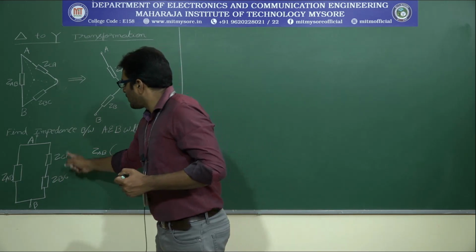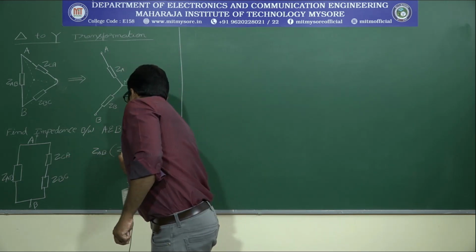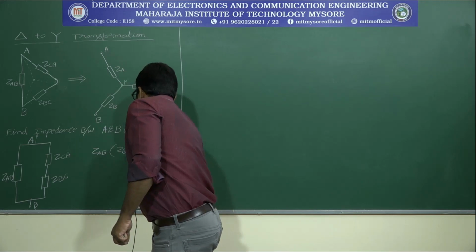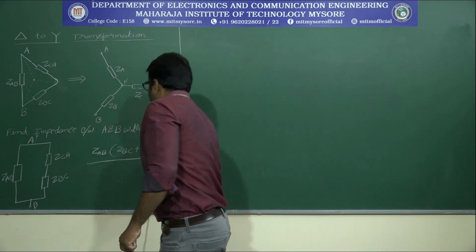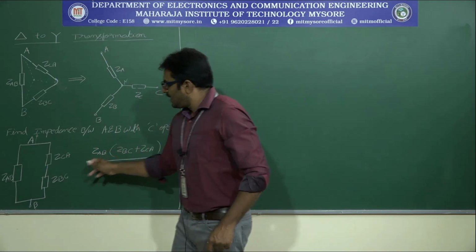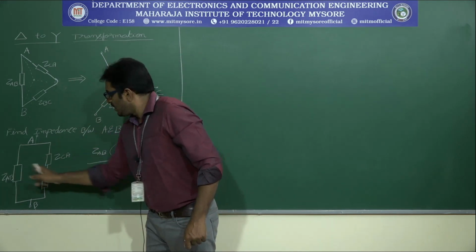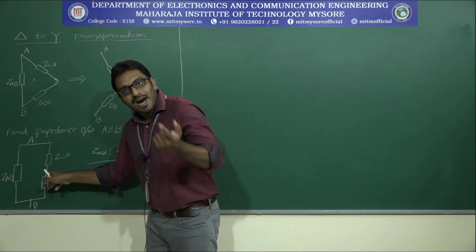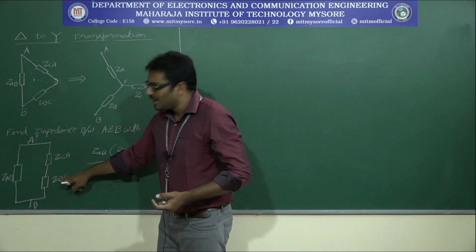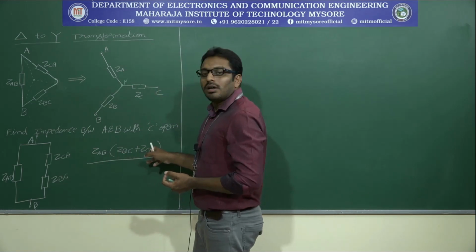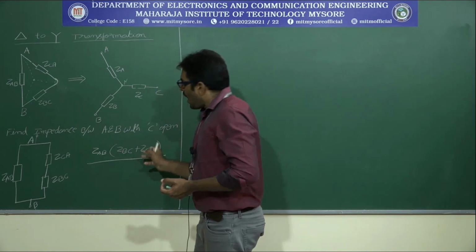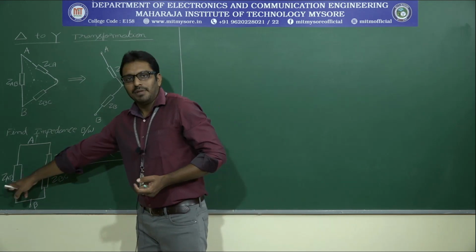The algebraic sum of these two, so ZBC plus ZCA. Then it is multiplied with ZAB because these two combinations are connected in parallel and these two impedances are connected in series. That's why these two impedances are added and multiplied with ZAB.